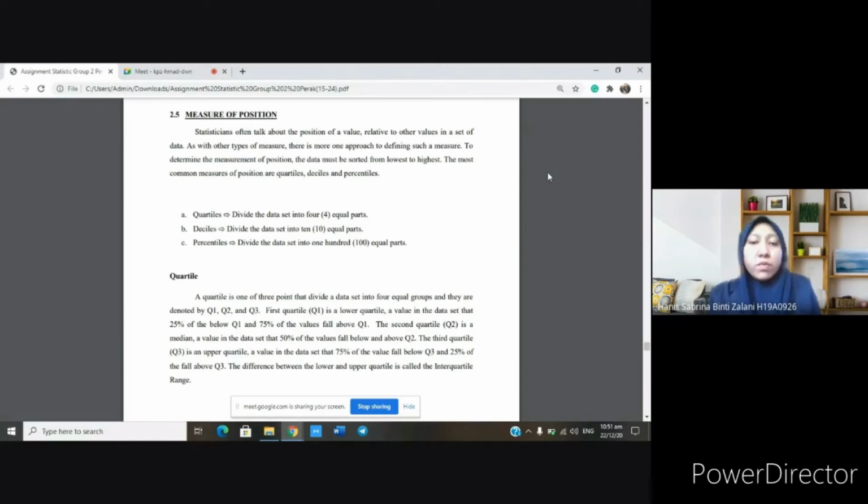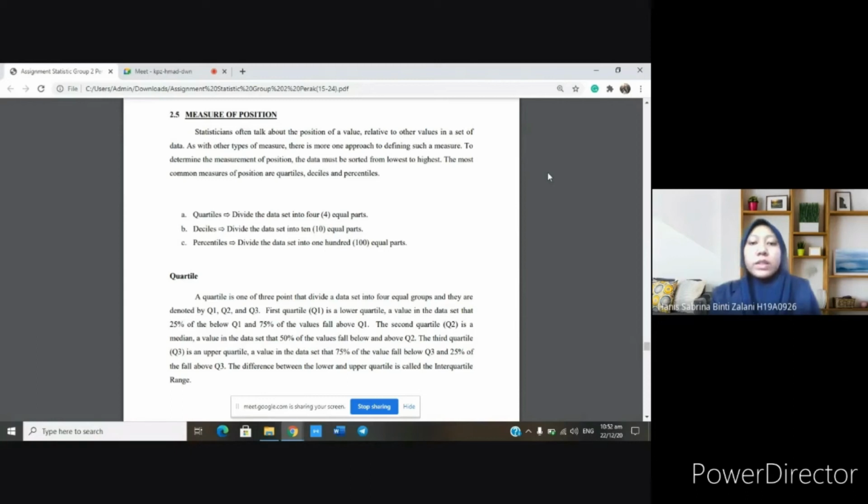A quartile is a point that divides a data set into four equal groups, and they are denoted by Q1, Q2, and Q3. The first quartile, Q1, is the lower quartile. It is a value in the data set where 25% of the values are below Q1 and 75% fall above Q1. The second quartile, Q2, is the median value, where 50% of the values fall below and above Q2.